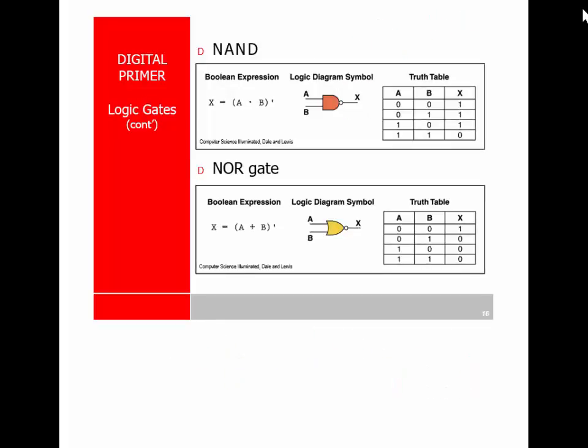The NAND gate and the NOR gate are basically an AND gate and an OR gate with a bubble at the end of each of those. Now, as it turns out, there's a rule in digital electronics called the universality of NAND gates and NOR gates.